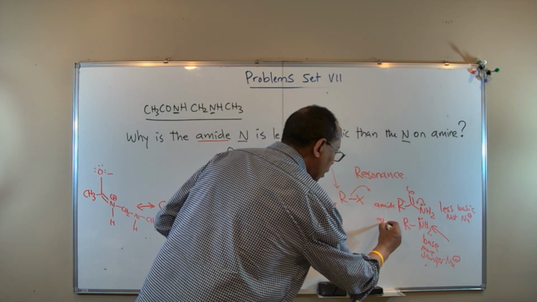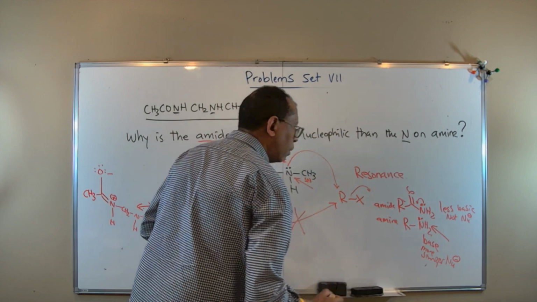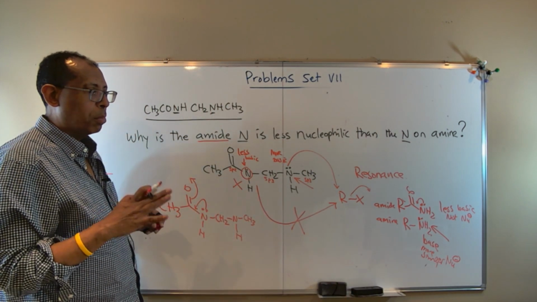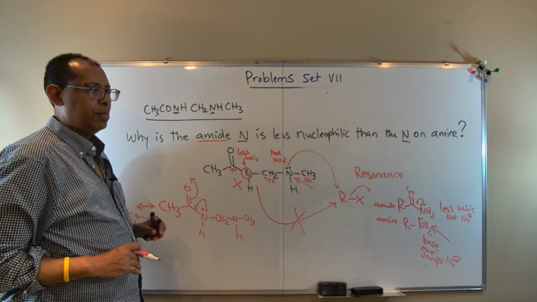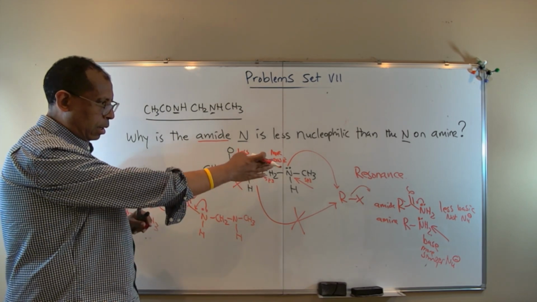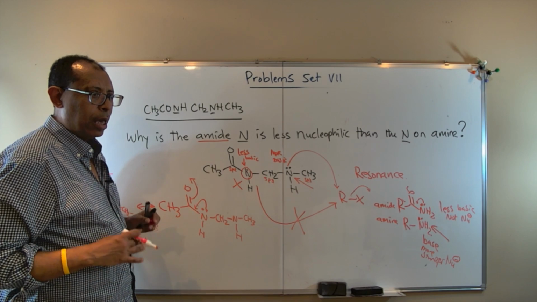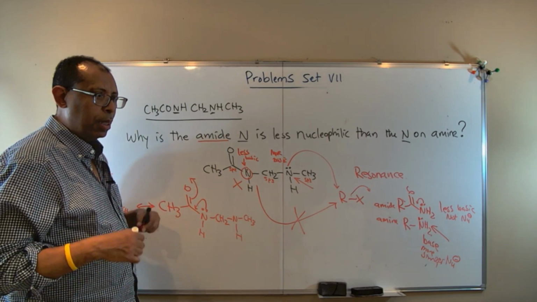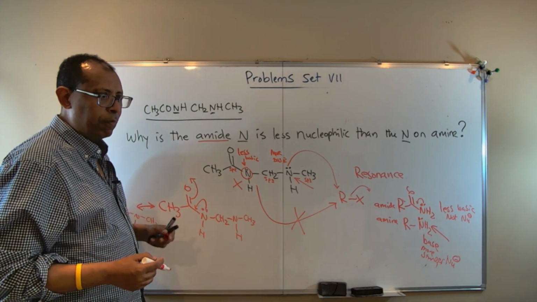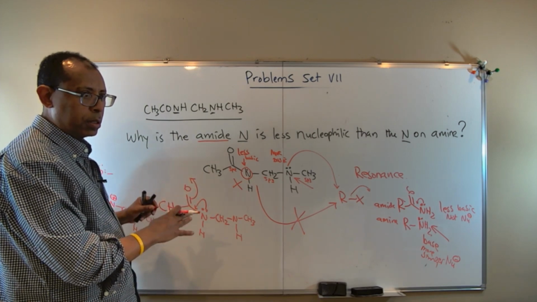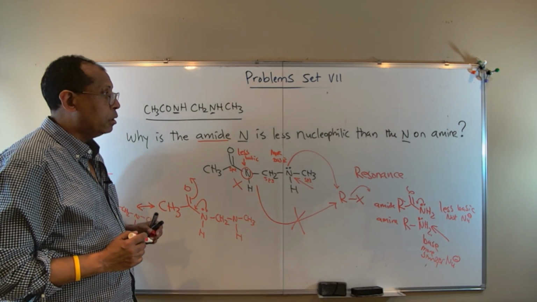This is an amine. If you are asked, an amine is more basic than an amide. The amide's lone pair of electrons is resonance stabilized. Hence, it is not available to be basic or to be nucleophilic. So very important concept. We'll continue to the next.